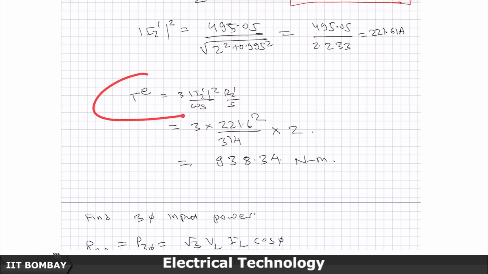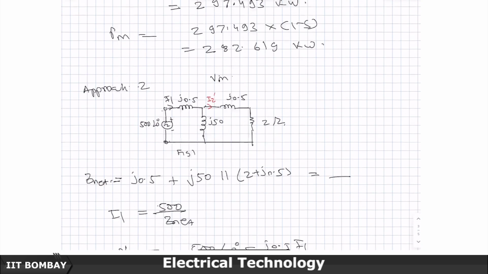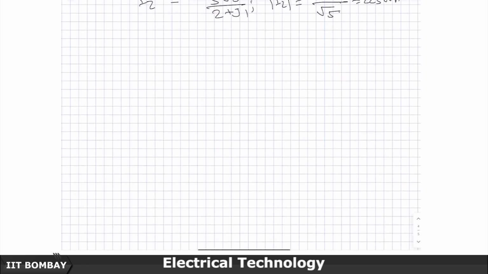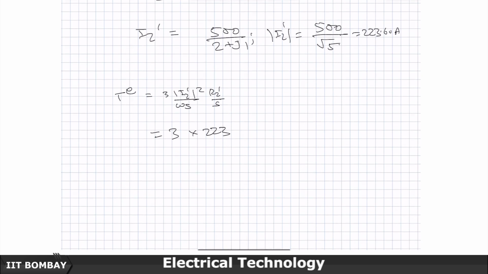Let me pick this up here, though next time I will probably not solve the full approximate circuit. So, I will get this as 3 times 223.6 square divided by 314 into 2 ohms, and now let us calculate this.